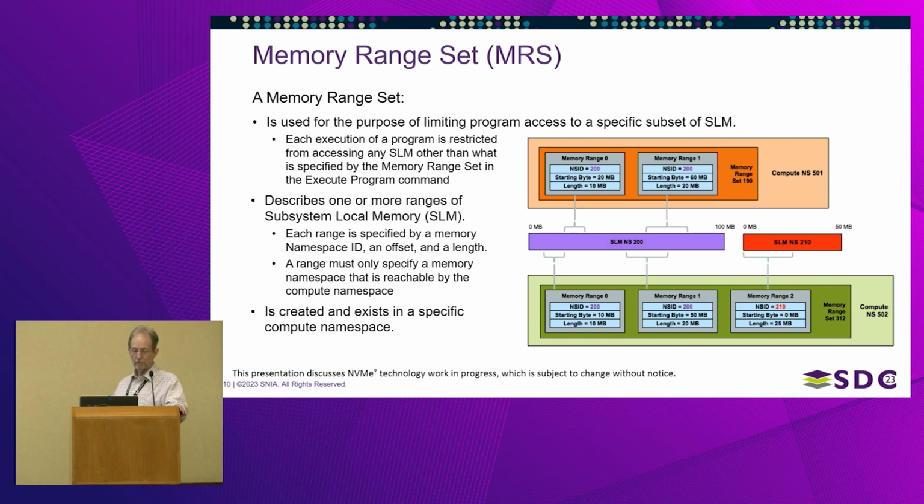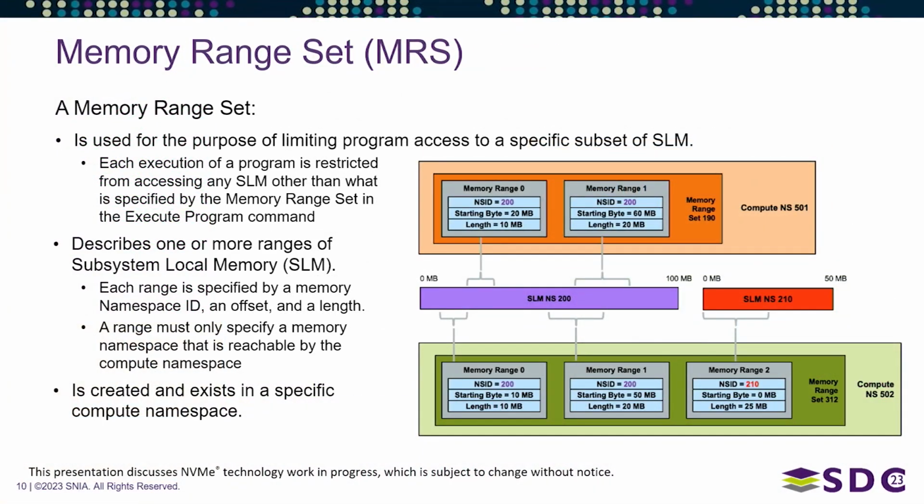So a memory range set describes one or more ranges of subsystem local memory. Each range is specified by a memory namespace identifier, an offset from the beginning of that namespace, and a length. A range must only specify a memory namespace that is reachable by the compute namespace.